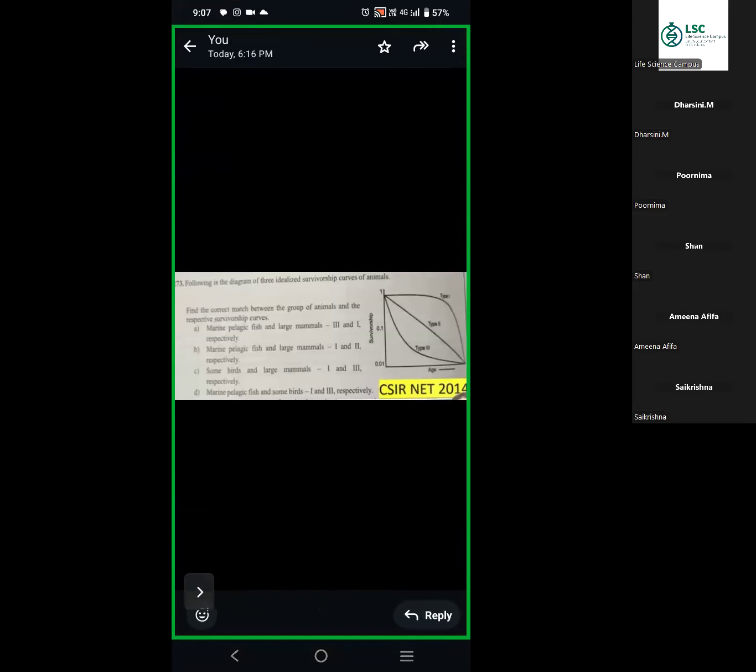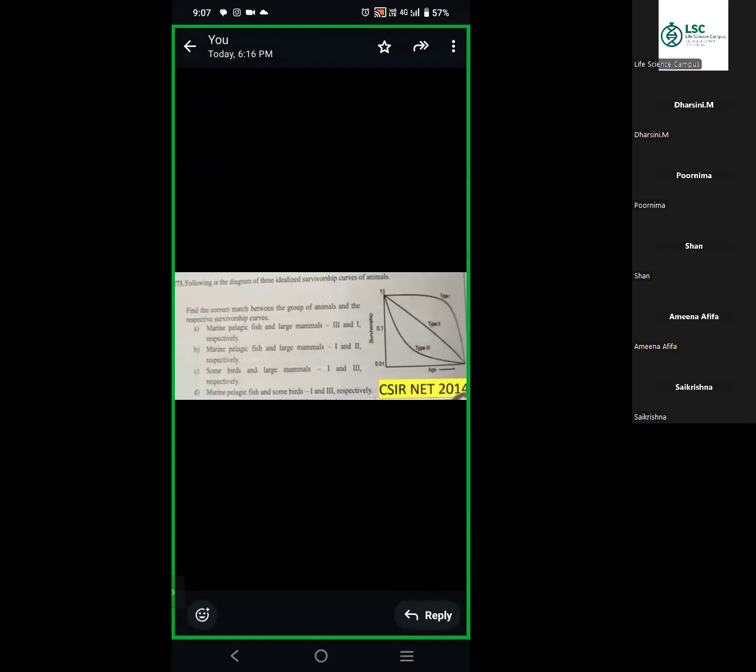Following is the diagram of three idealized survivorship curves of animals. Find the correct match between the group of animals and the respective survivorship curves. So in this case, we have to find out survivorship curve for fishes and large mammals. If it is small mammals, what type of survivorship curve will it be? Type 2.